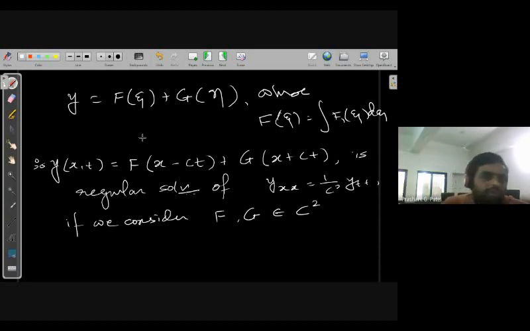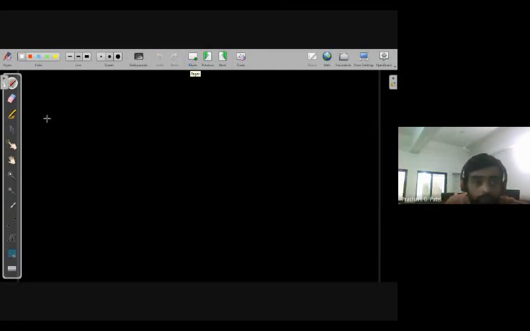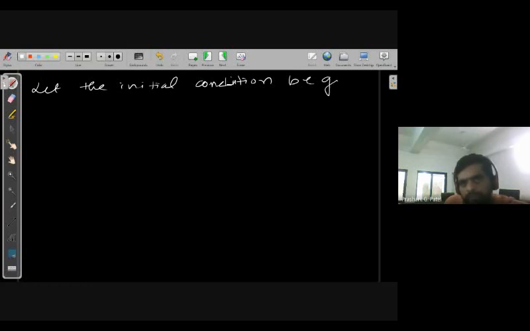That means some velocity is already there in the string. So we are considering 2 initial conditions here. So let the initial conditions be given as follows.